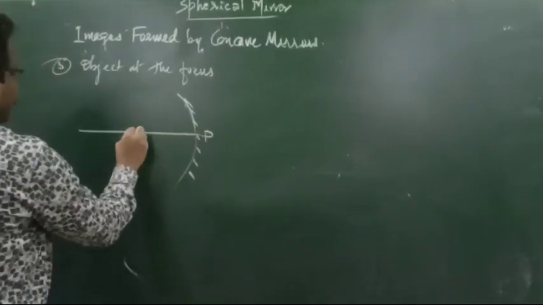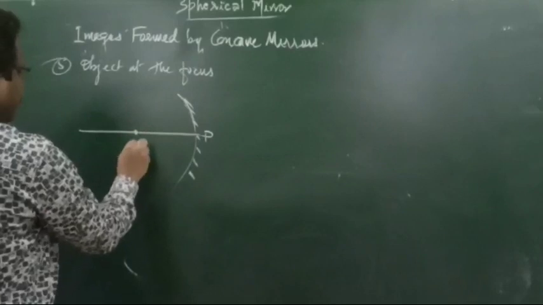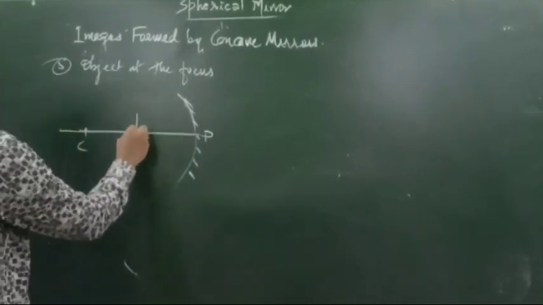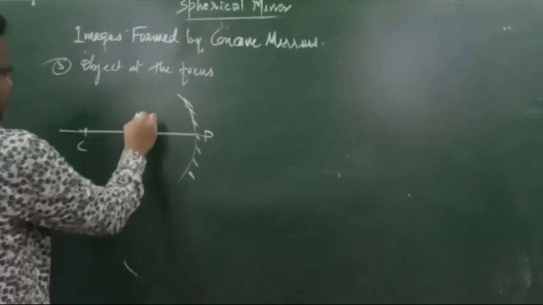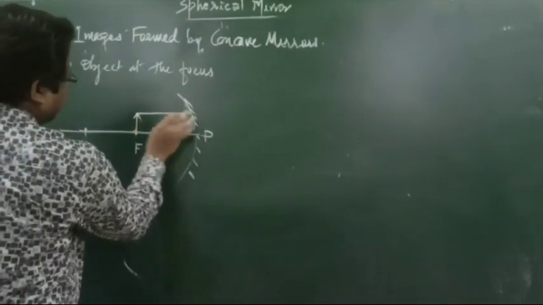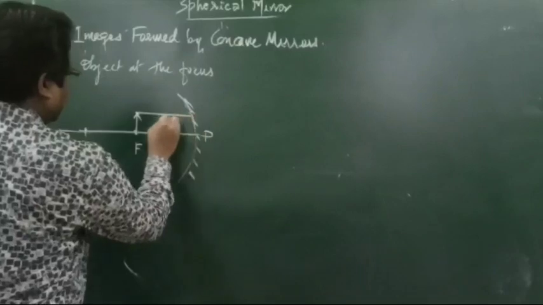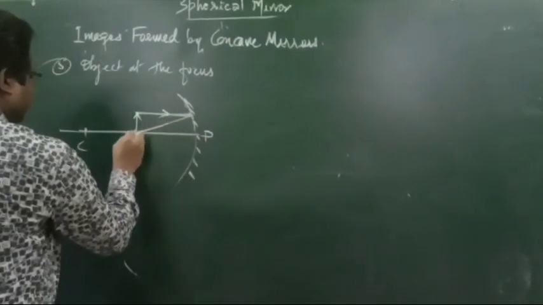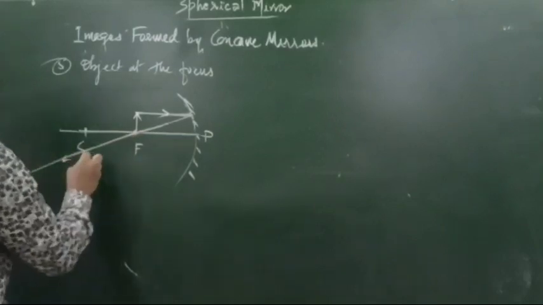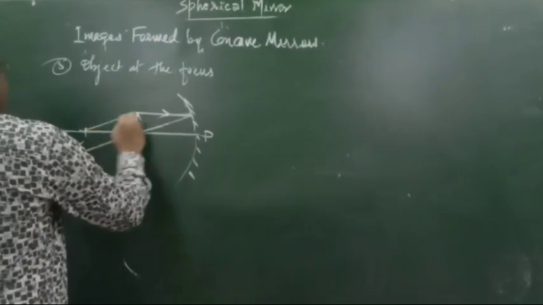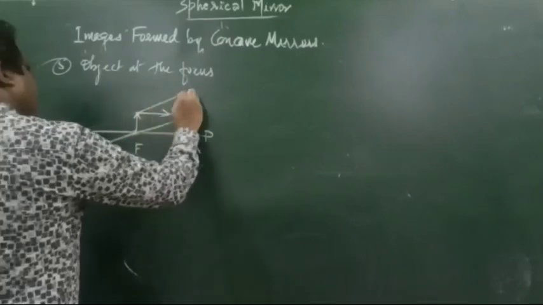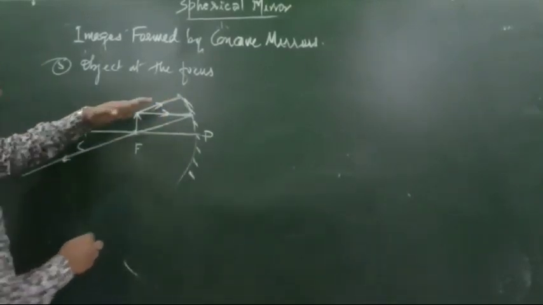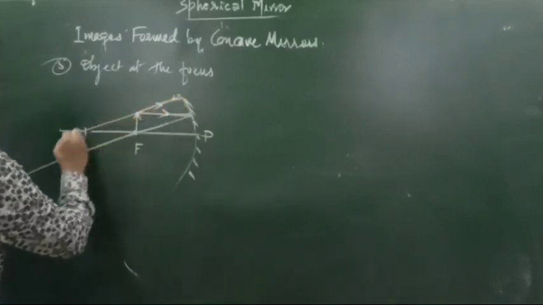Pole, focus, center of curvature, here is the object. A ray which is incident parallel would pass through the focus. A ray which is incident along the center of curvature will be reflected back.